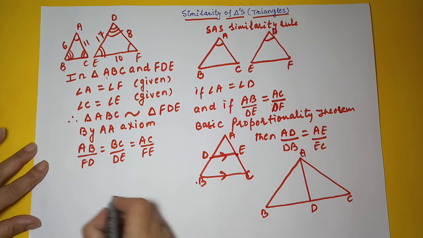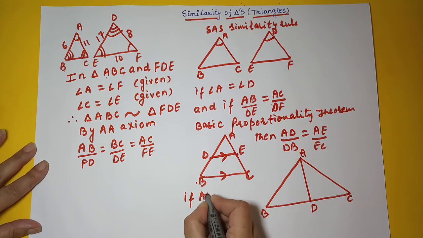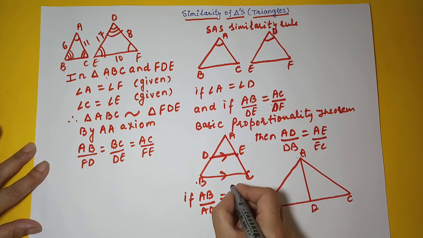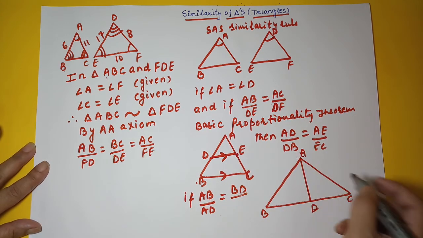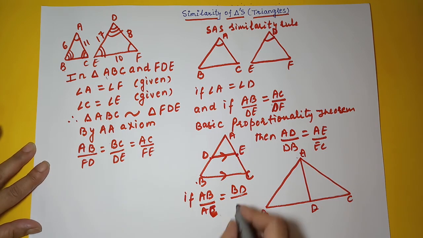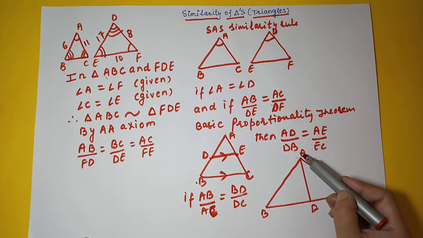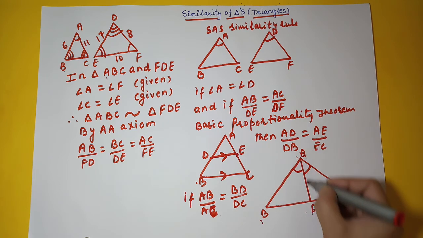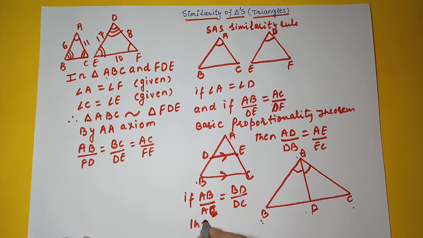Then if AB upon AC is equal to BD upon DC, with BD the base part from the AB side and DC the base part from the AC side, if this is the situation, then AD is the angle bisector of angle A. You can say then AD bisects angle A.